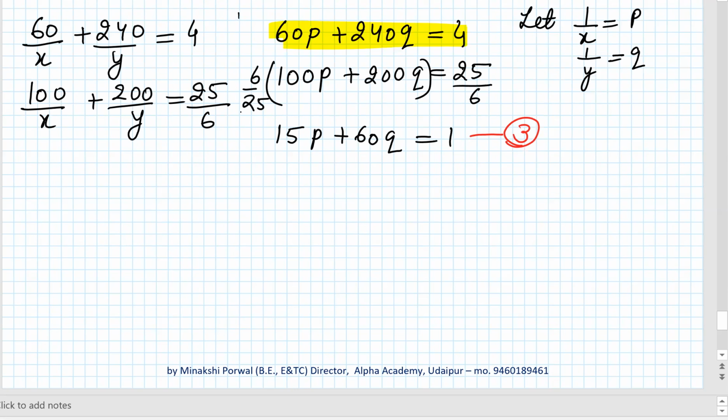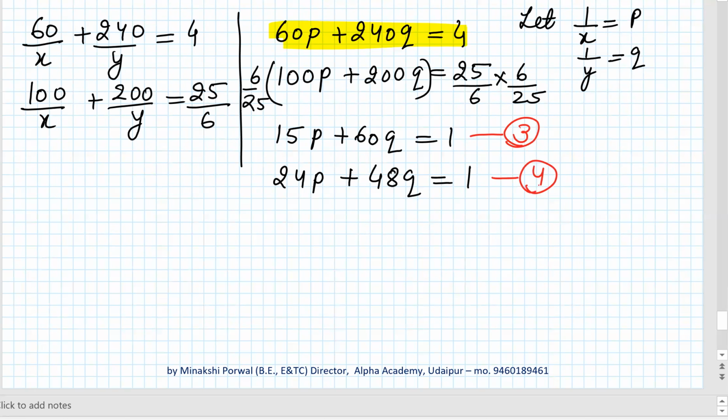If we multiply 6 by 25, this will be 24p and 6 8s are 48q equals 1. This is equation 4. We need to solve 3 and 4. Okay. I am doing by substitution method.